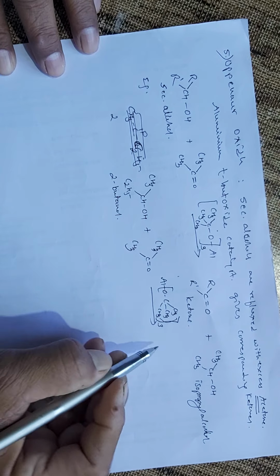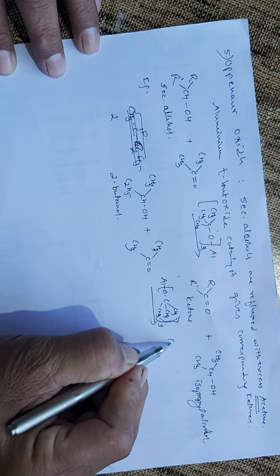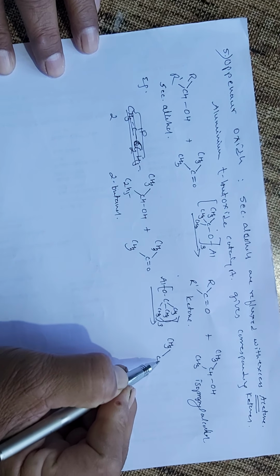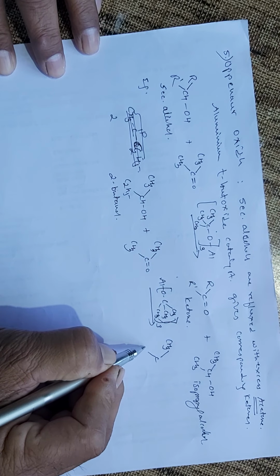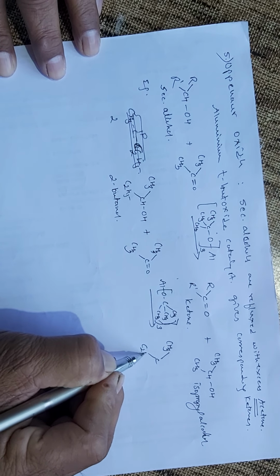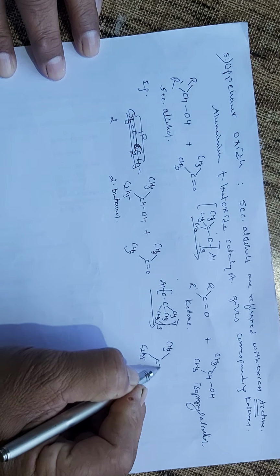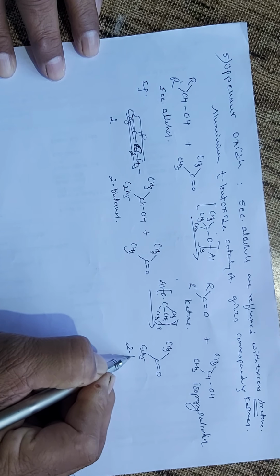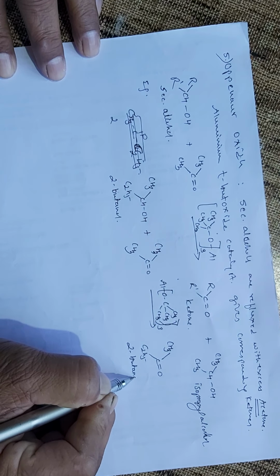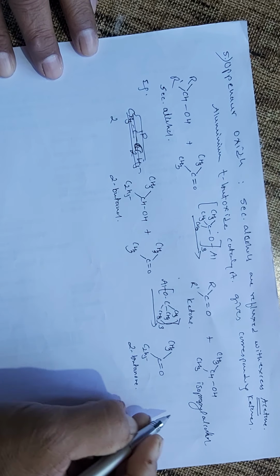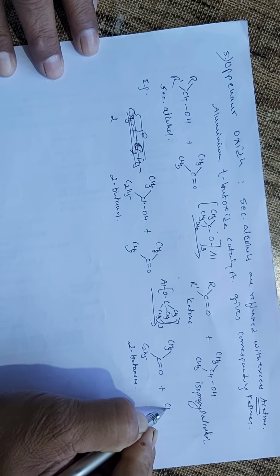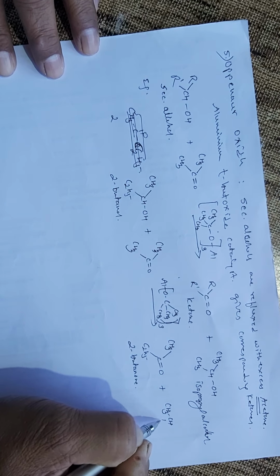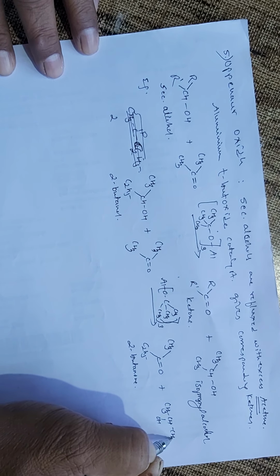And here this molecule, the 2-butanol, will be converted into 2-butanone. So depending upon the starting compound, the secondary alcohol, isopropyl alcohol will be obtained as a byproduct.